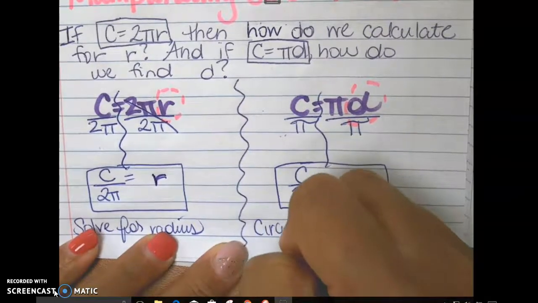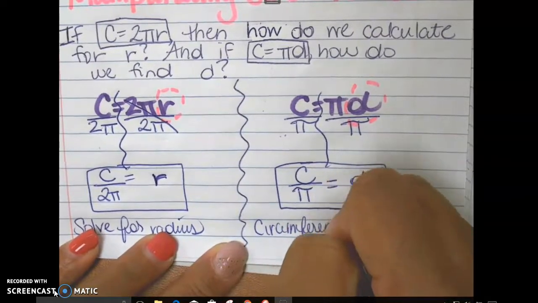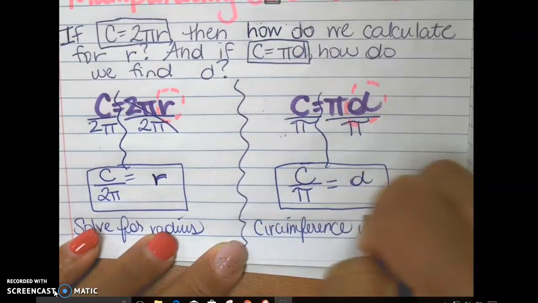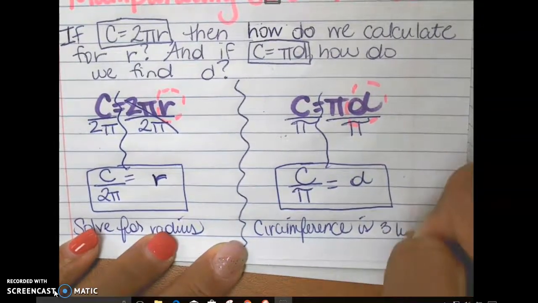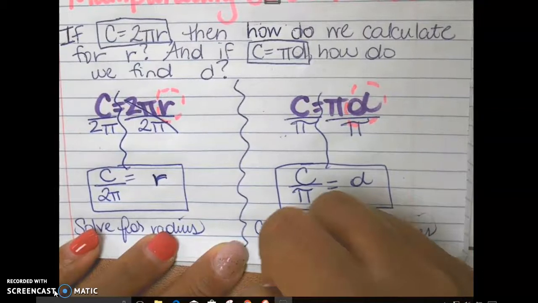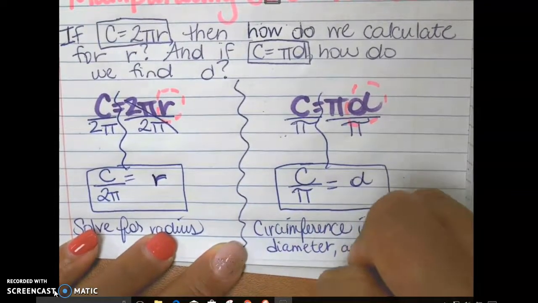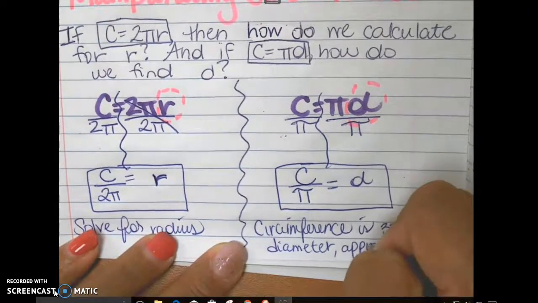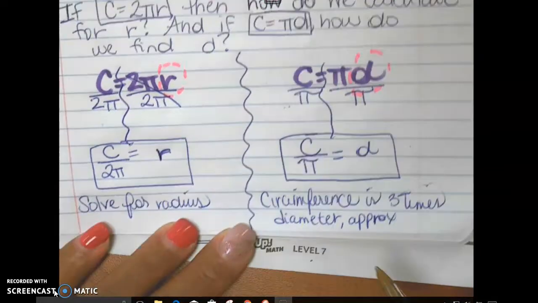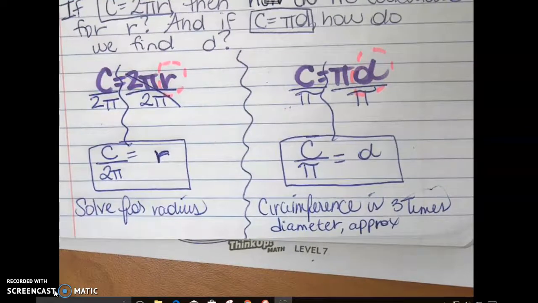Circumference is 3 times diameter, approximately. If I were to say this oppositely, I don't want to say circumference is 3 times diameter.